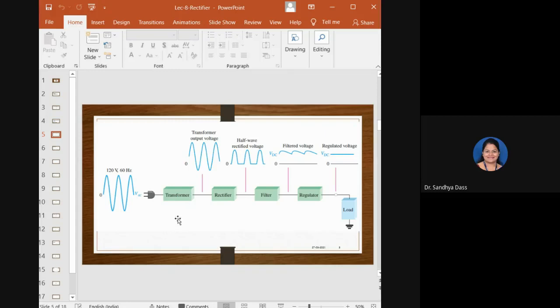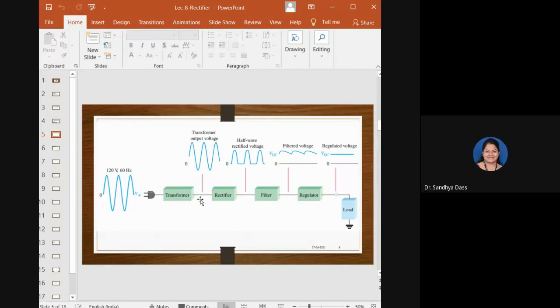And if the secondary has fewer turns compared to the primary, then the output voltage across the secondary will be lower and the current will be higher. Are you with me so far? Are you agreeing with me about the transformer and its conversion? Yes, ma'am.